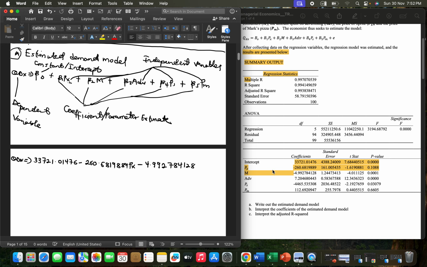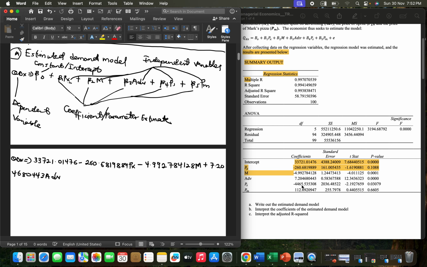Then it matches with which variable? M. So you join the M to it. Then the next coefficient is plus 7.2046804443. Which variable is it matching? Advert, ADV.